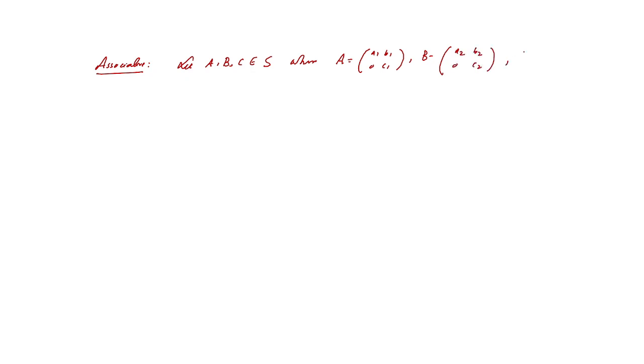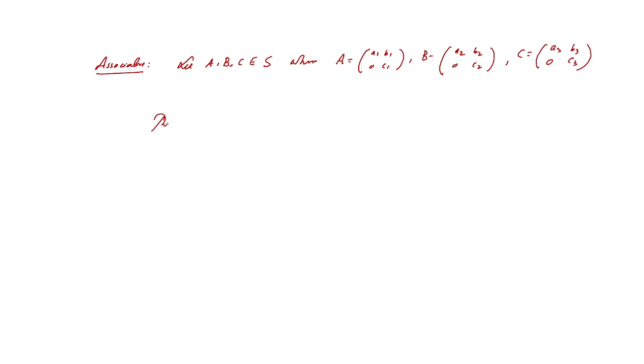This is the associative property, associativity. So we'll check. Let A, B, C all belong to S, where A is [A1, B1; 0, C1], B is [A2, B2; 0, C2], and C is [A3, B3; 0, C3].